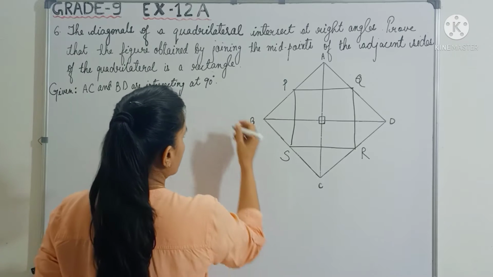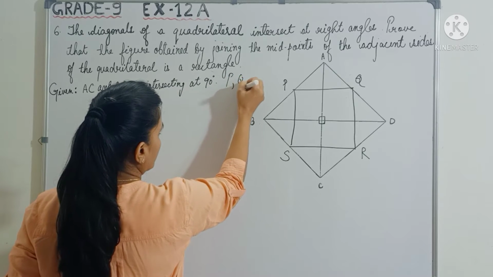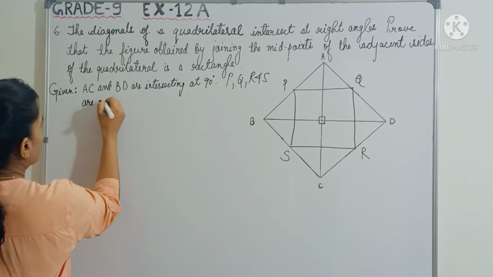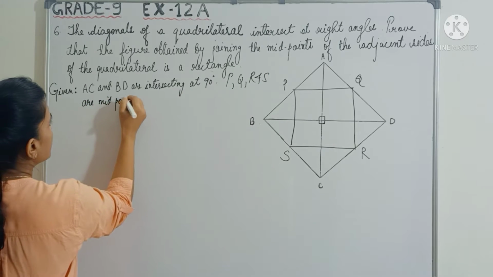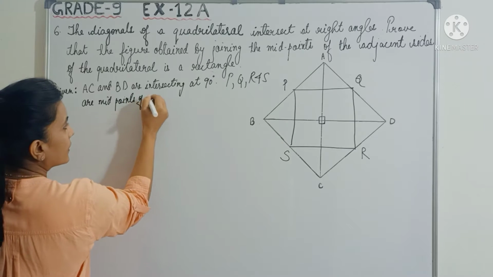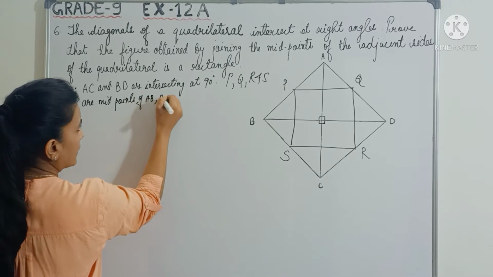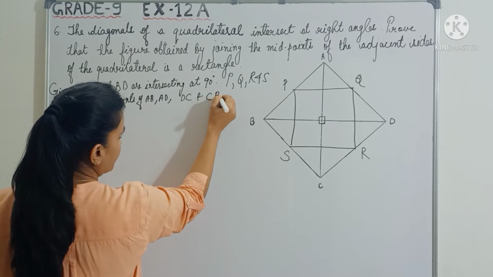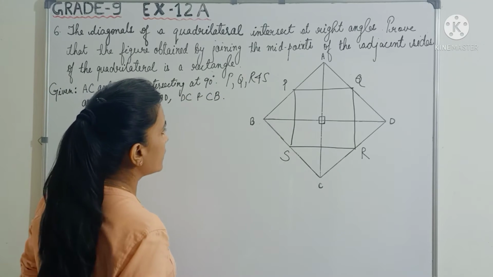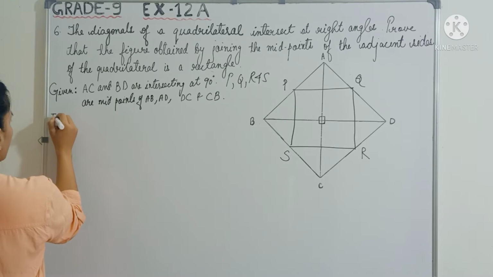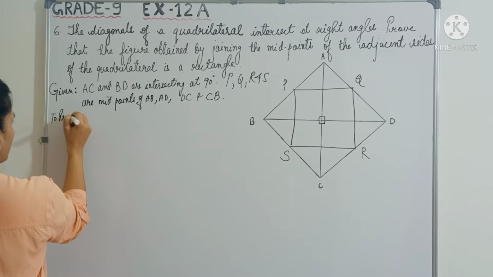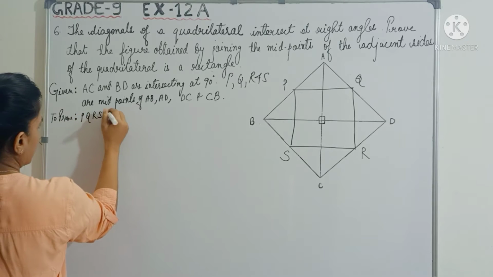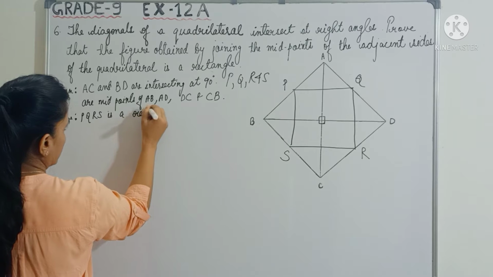P, Q, R and S are the midpoints of AB, AD, DC and CB. So this much is given, and what do we have to prove? We have to prove that quadrilateral PQRS is a rectangle.